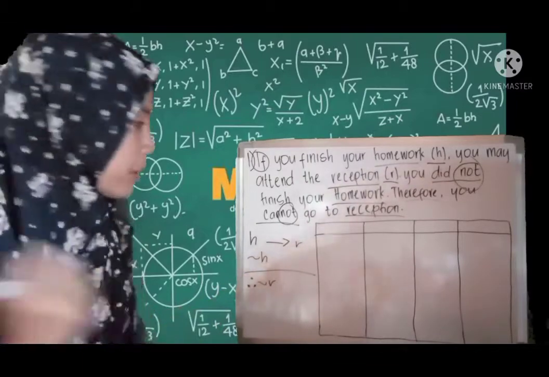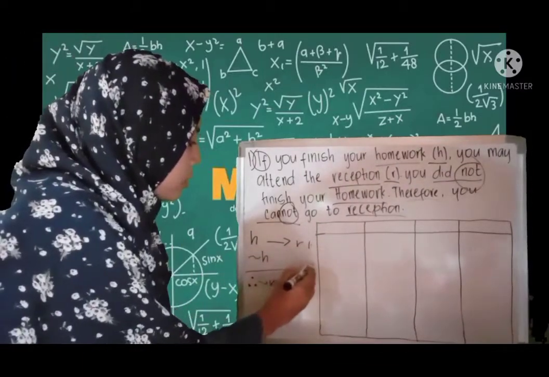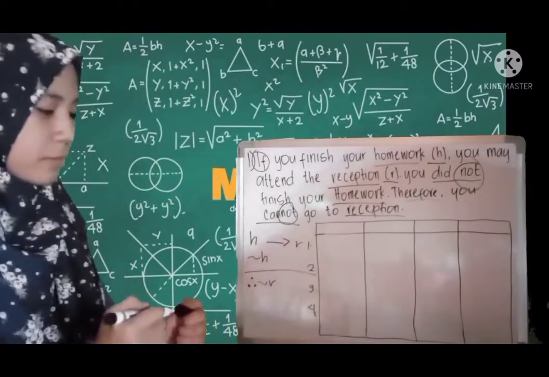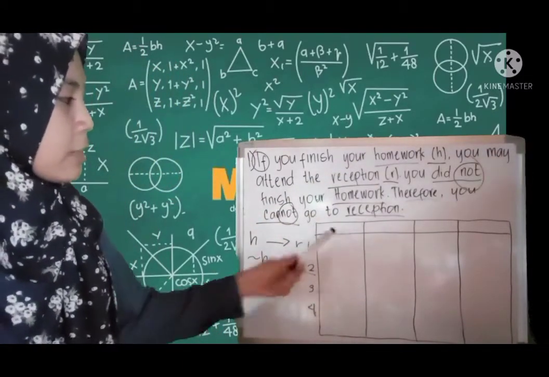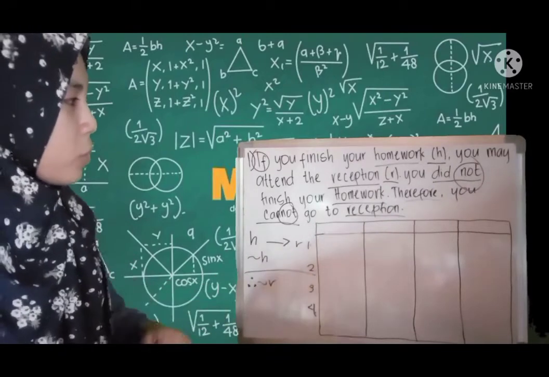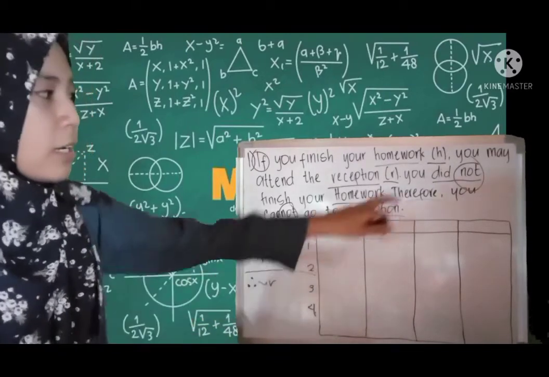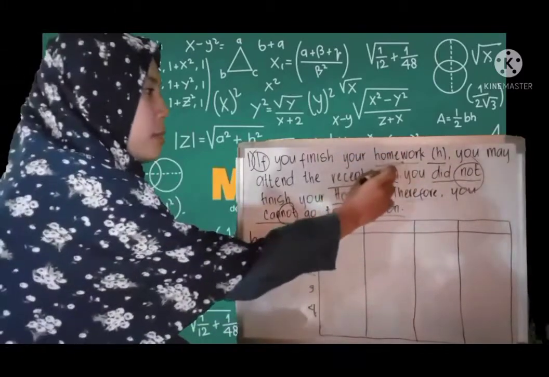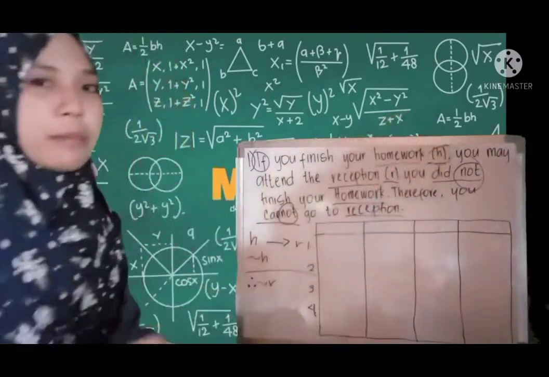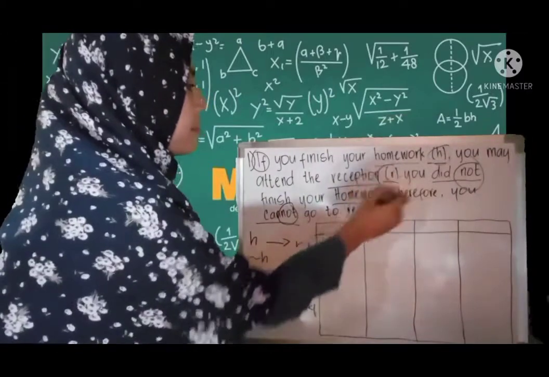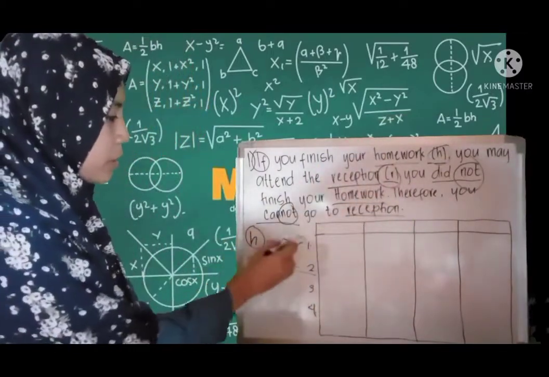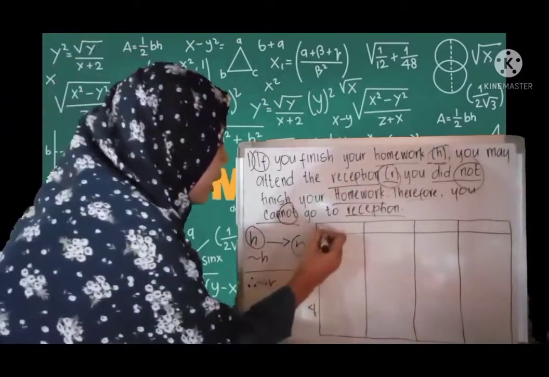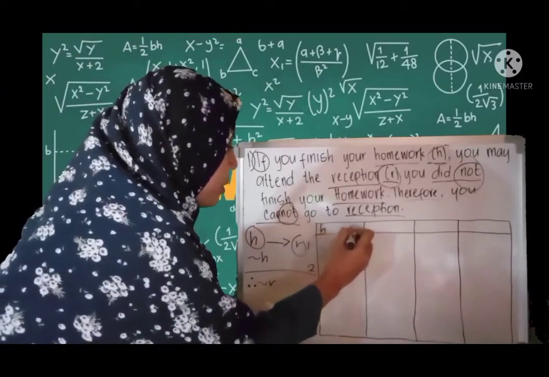Apat na row, ibig sabihin, 1, 2, 3, 4. So, ngayon, ang statement na kukunin natin dito, yung ginamit natin. Which is ito, pati ito. So, now, susulat na natin H and R.